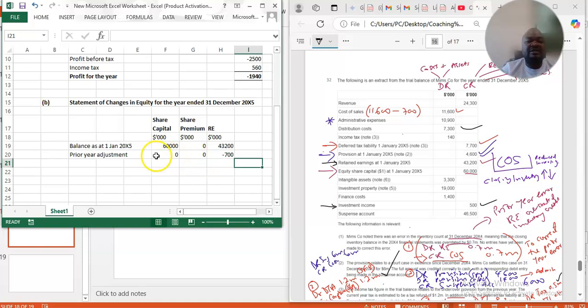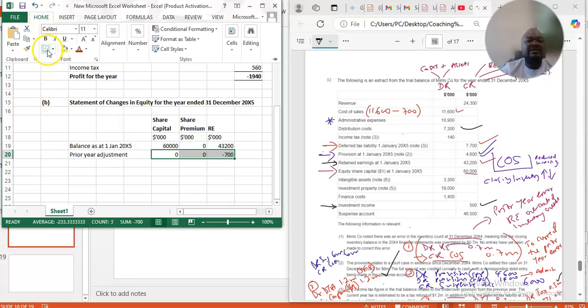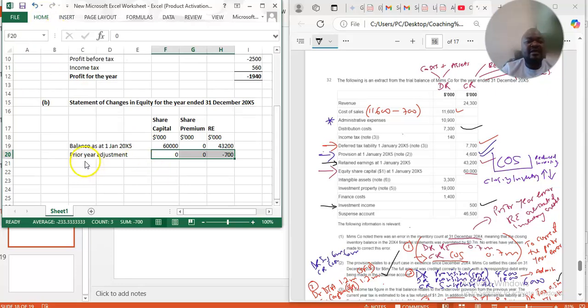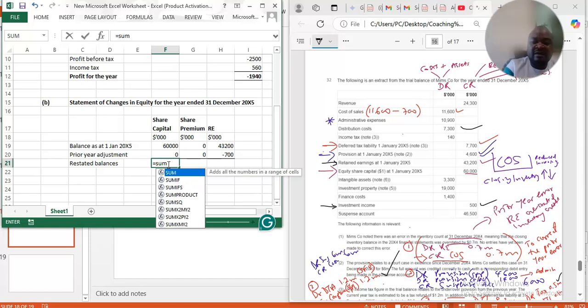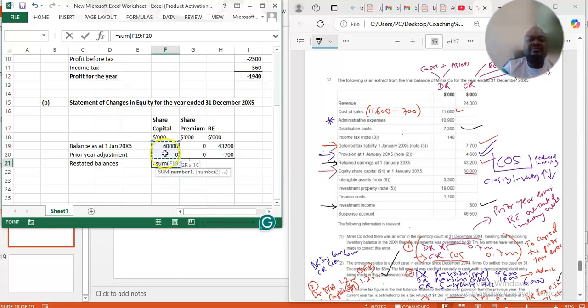So when we do that, we underline everything, some little bit of formatting, and we get the restated balances. Restated balances, okay, we simply sum up, equal sum, press enter, and then drag everything. Good. We are good to go.